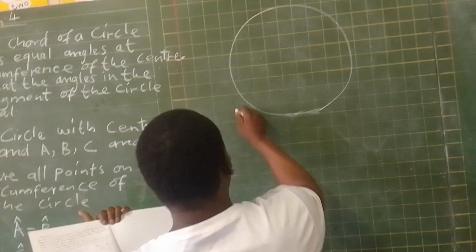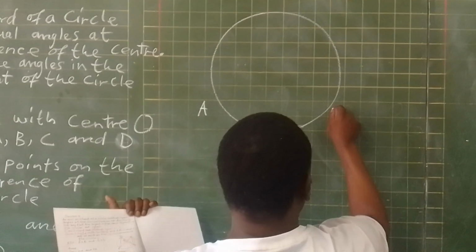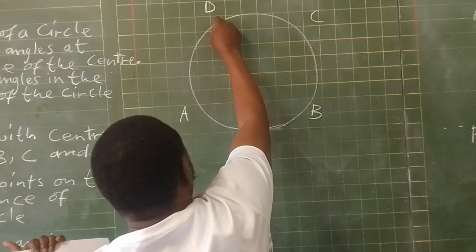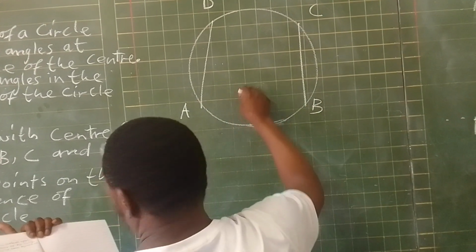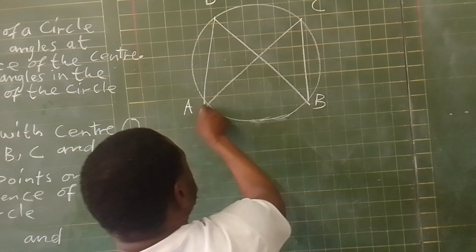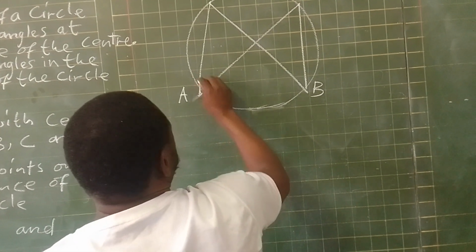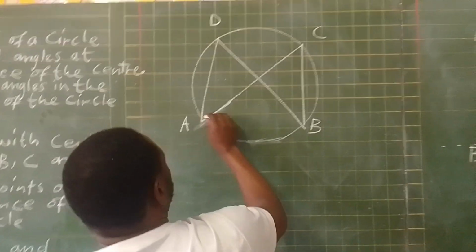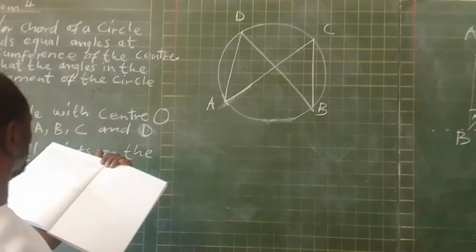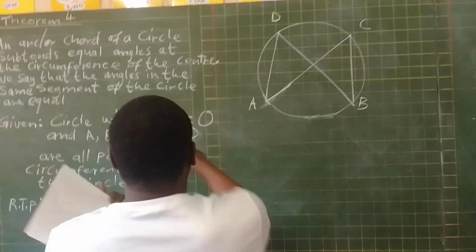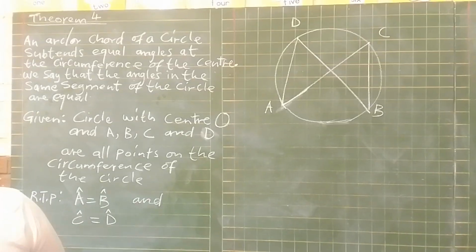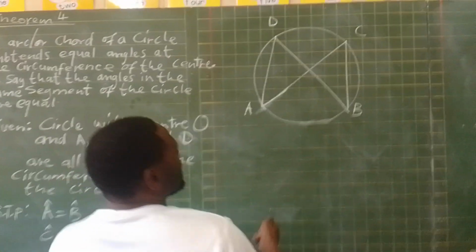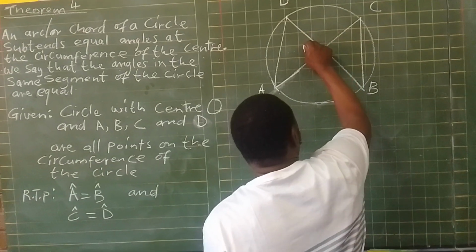We have A, B, C, and D. We have center O. This is what we are given: a circle with center O, and our center O is somewhere here.